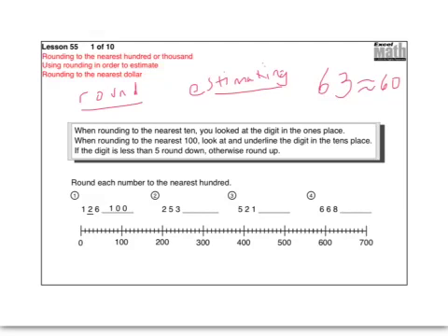Okay, so what is estimating? Estimating is when we round numbers and we get an answer to a math problem that is close. So say we are doing 24 plus 18, and instead of doing that problem exactly, we want just a close answer, and the problem says about how much do you have or something like that, then you are going to estimate.